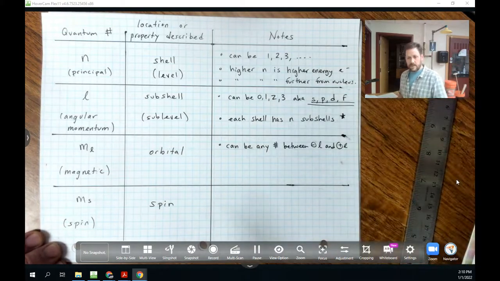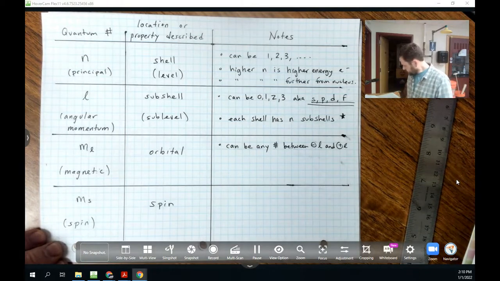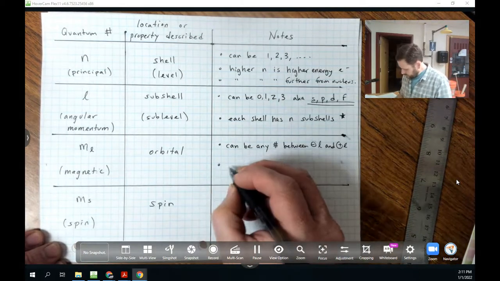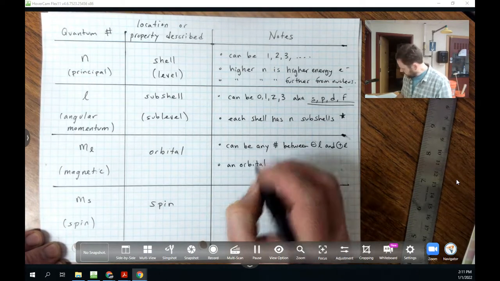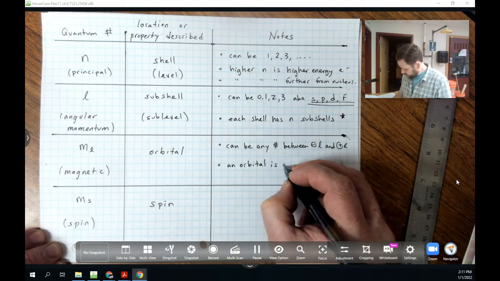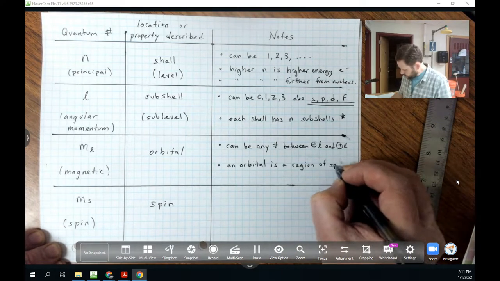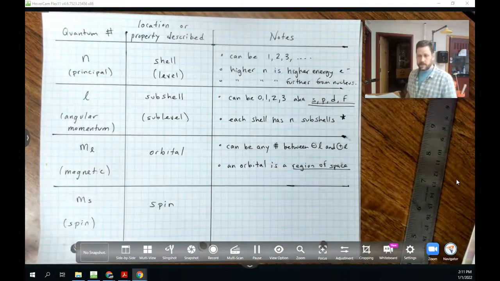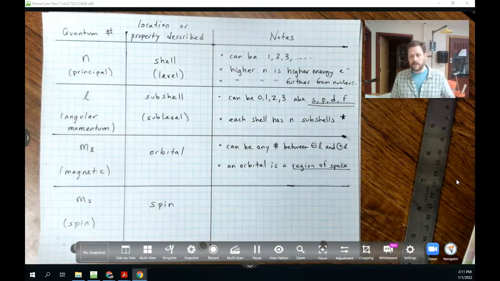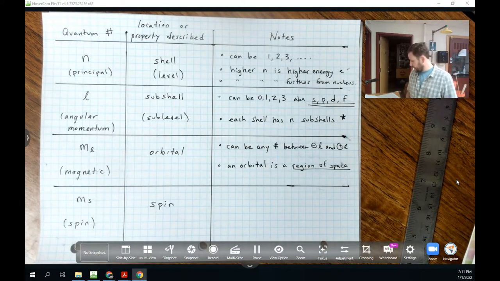And that's why the d subshell has 5 different orbitals. But more importantly, an orbital, we want to remember, is a region of space. That's really all an orbital is. It's describing a region of space where you are likely to find an electron, sort of like a probability map.